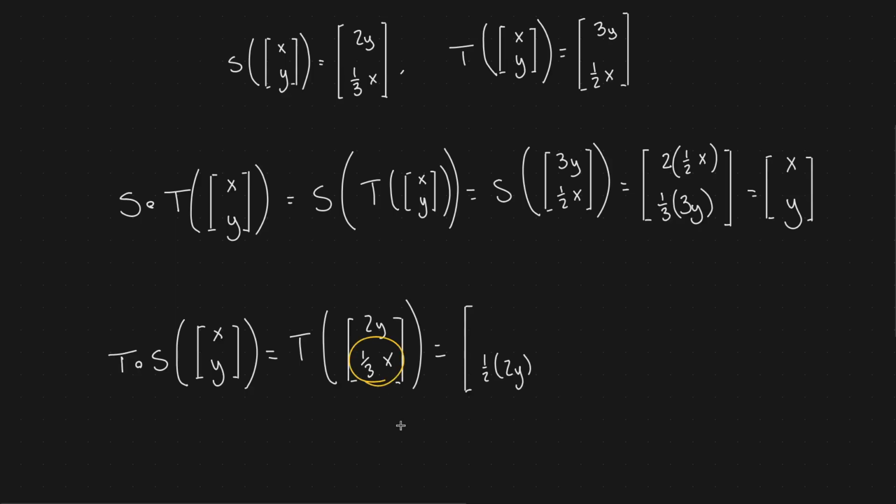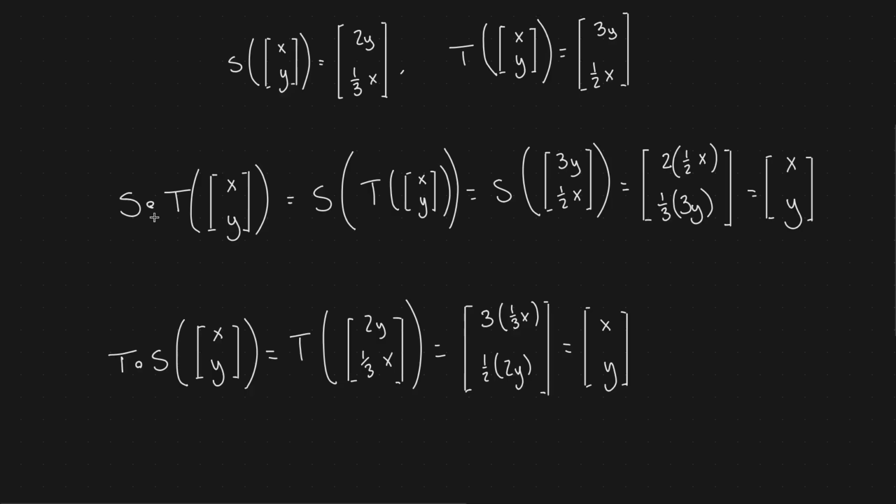And I'm plugging 1/3 x in for the y in this expression. So I'm going to have a 3y in the first component of the result vector. So that becomes 3 times 1/3 x. And 3 times 1/3 is 1. 1/2 times 2 is 1. So I get xy again.